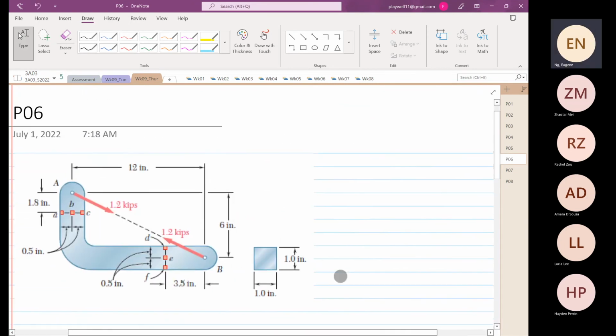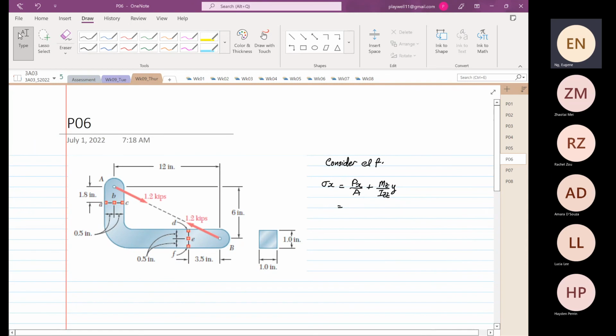So consider element F. The stress σx is equal to Px over A plus Mz over Izz multiplied by y.